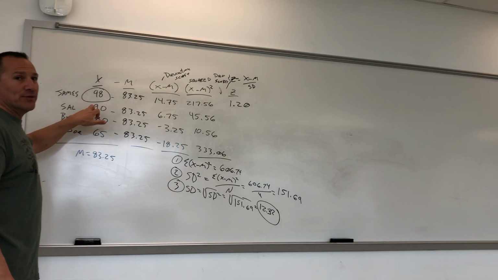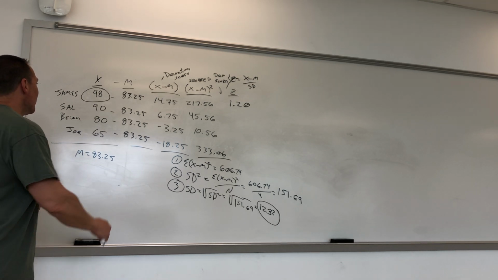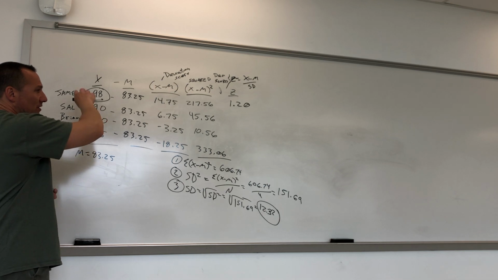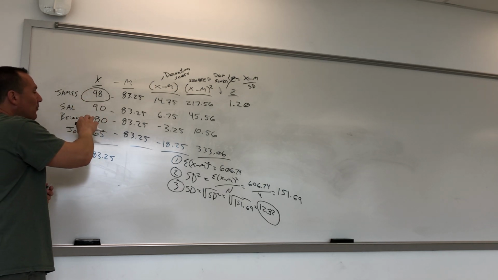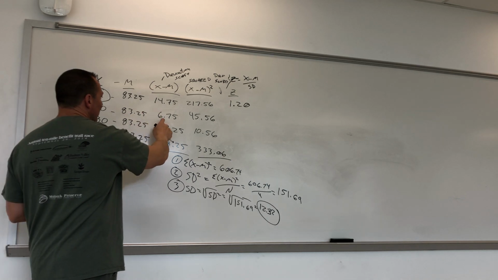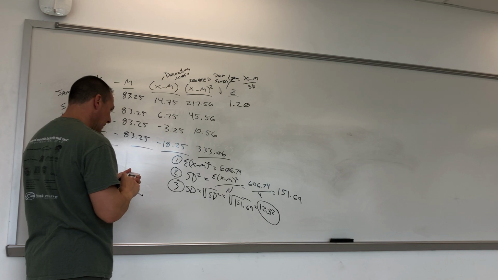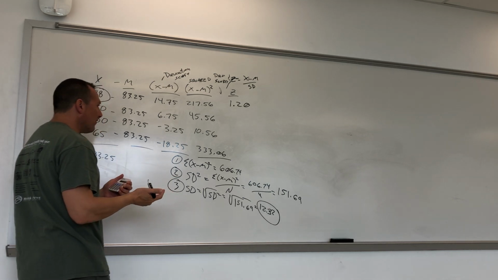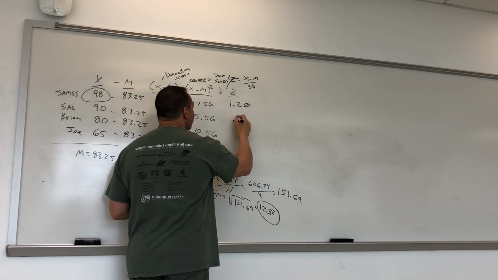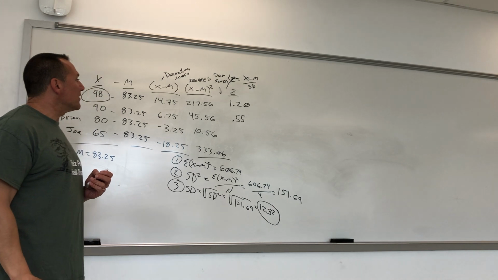So next we're going to compute Sal's z-score. So remember the z-score, there's a z-score corresponding to each particular raw score. Z is 90 minus the mean, which is 6.75, divided by 12.32, which is 0.55. Okay, so what do we know about that z-score?